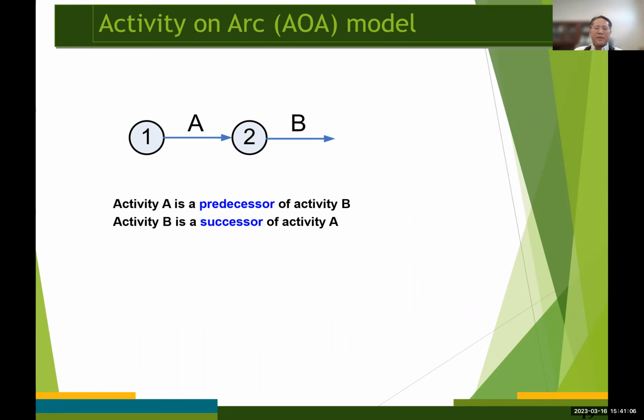This represents that activity A is a predecessor of activity B. Also, we know that activity B is a successor of activity A.